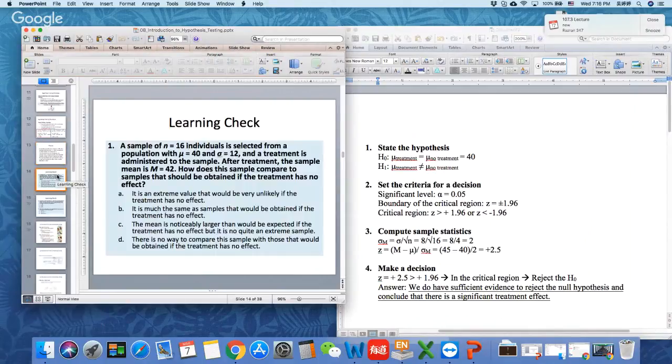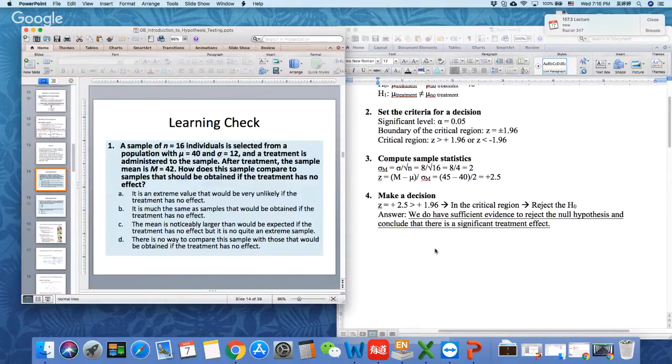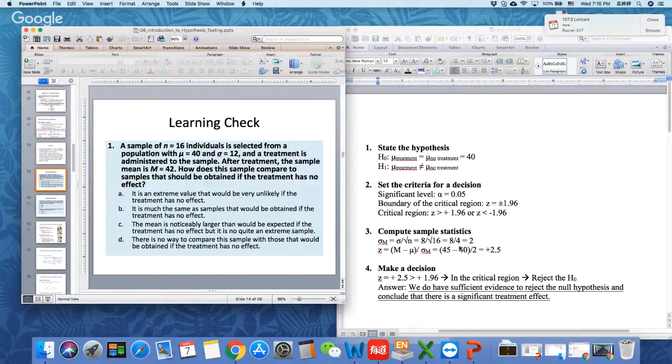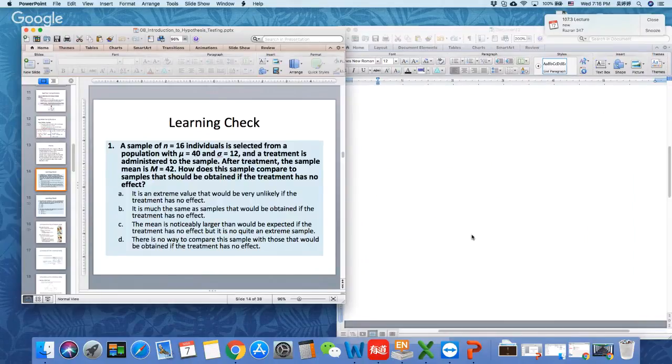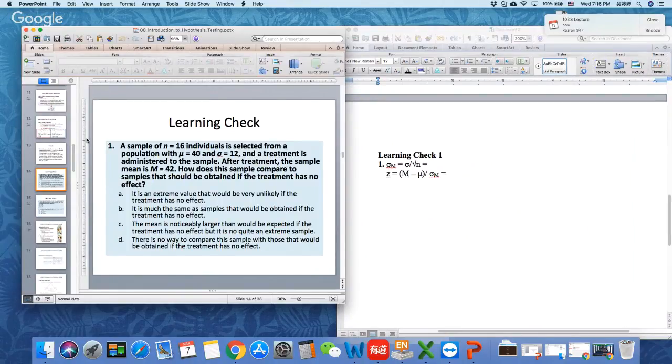Okay, if you don't have any questions, let's do some learning checks. It's just a similar question. We are just going to test whether or not the treatment has no effect. Here we know the population mean and the population standard deviation before treatment, and we know the sample mean after treatment.